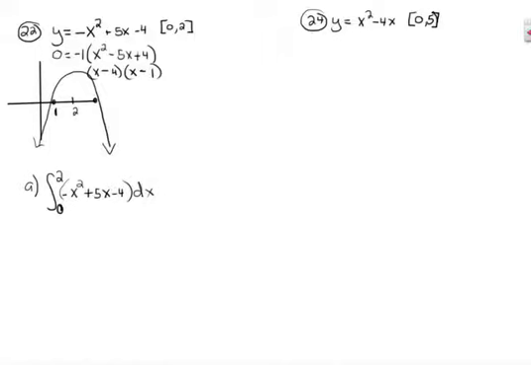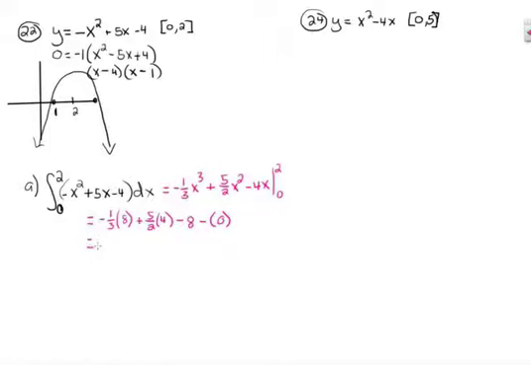So now I'm going to take the antiderivative of that, which is going to be negative 1/3 x cubed plus 5/2 x squared minus 4x, evaluated from 0 to 2. So let's see, I'm going to get negative 1/3 times 2 cubed is 8, plus 5/2, 2 squared is 4, minus 4 times 2 is 8, minus 0 plugged in will get me 0.